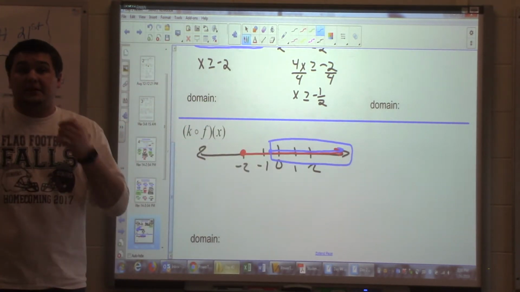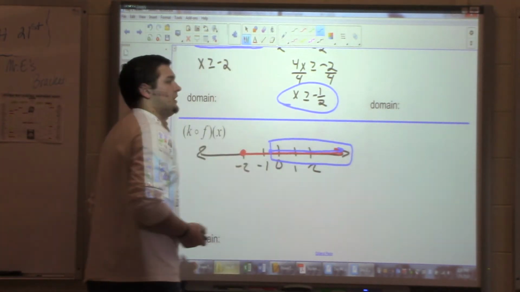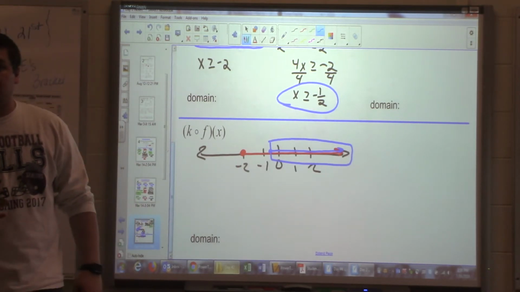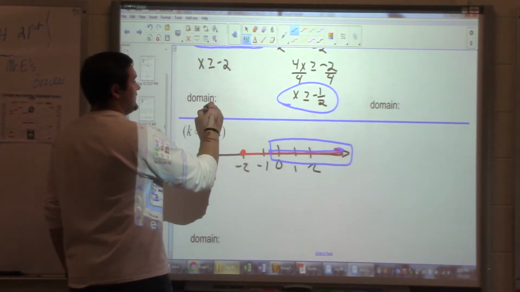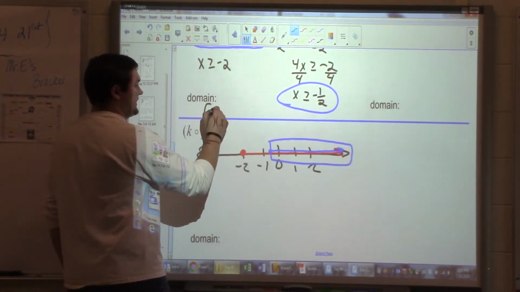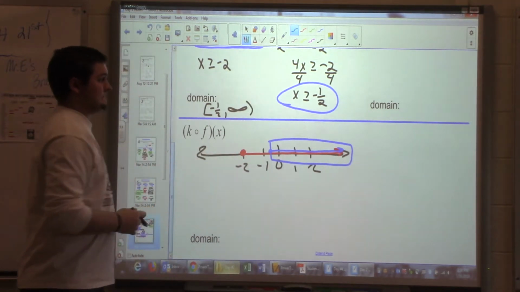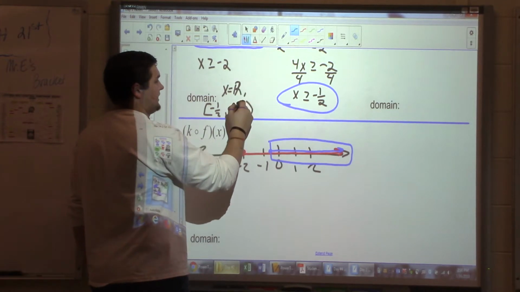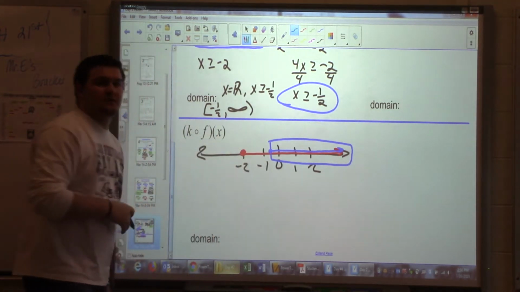So I know that can't be it. It's got to satisfy both. So I know it's x greater than or equal to -1/2. That's the restriction I'm going to use for my domain. Alright, so I'm going to write my domains. I get bracket -1/2 to infinity. And then in real number notation, x is in the real number set, greater than or equal to -1/2.